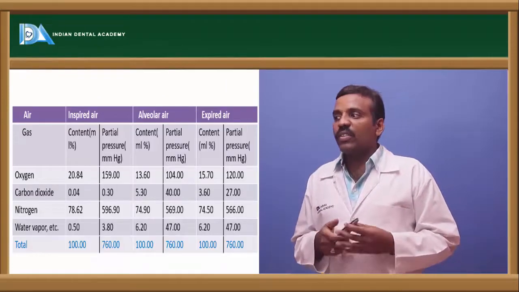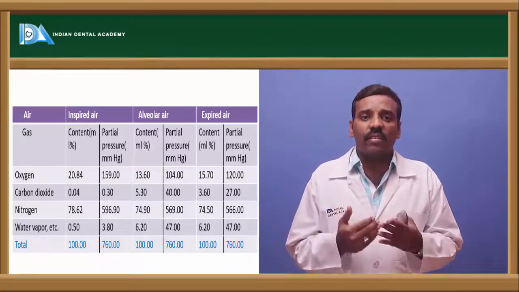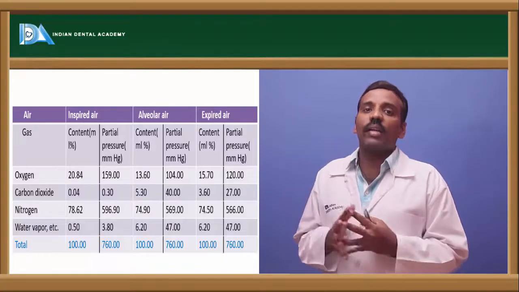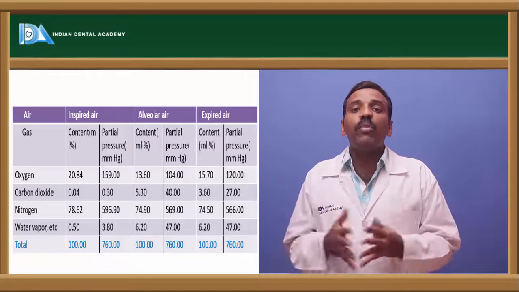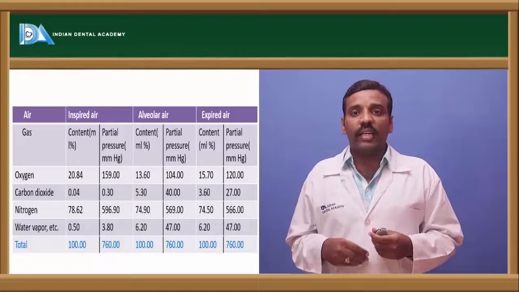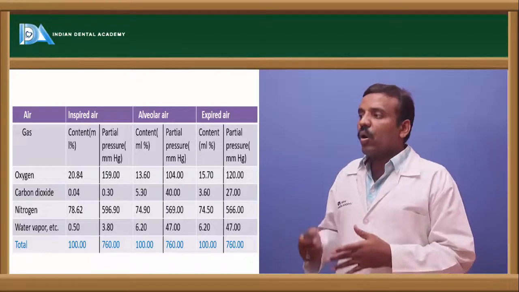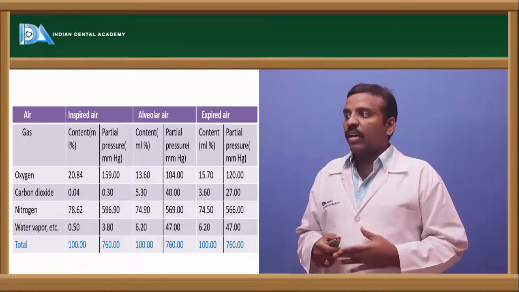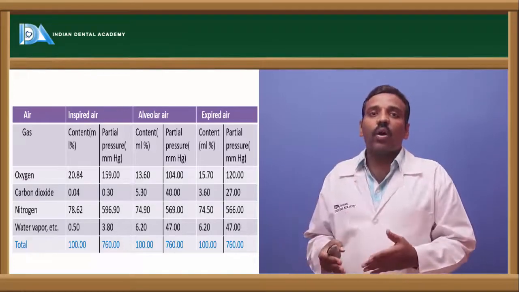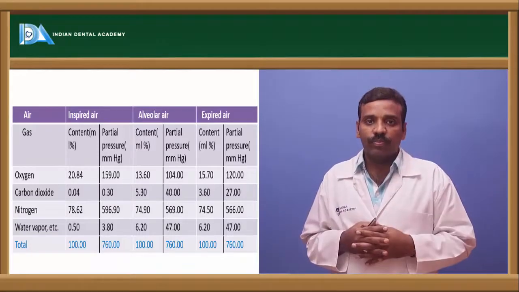And next, if we see the compositions of the inspiratory gases, expiratory gases and the alveolar gases individually, whatever we are taking in and whatever we are leaving out, the gases present are oxygen, carbon dioxide, nitrogen and water vapors.